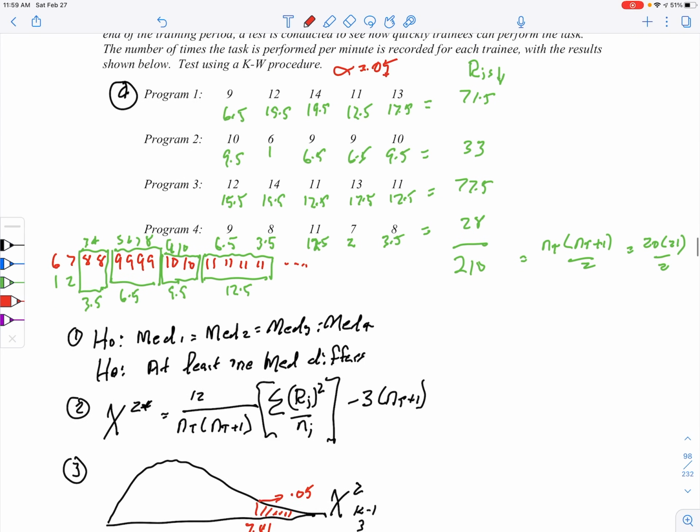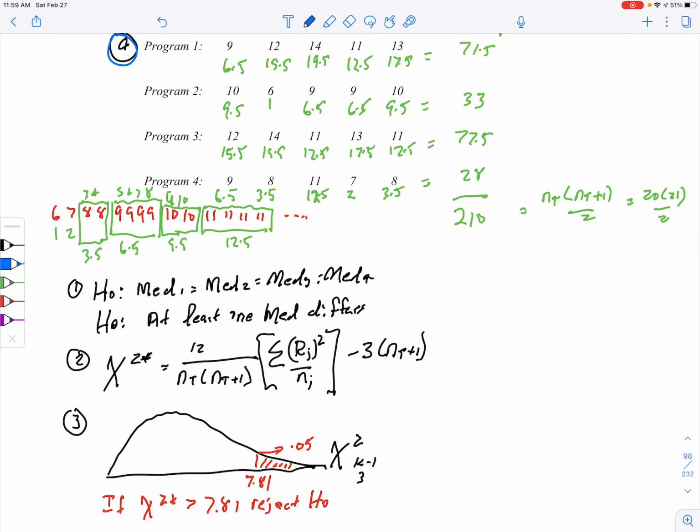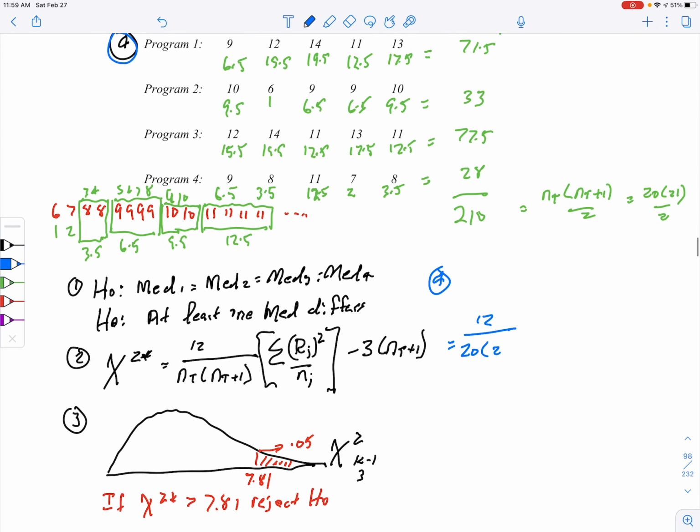All right, I've already started step 4 here, which is the calculation. So now we're going to continue with that, and we're going to plug this into the formula and say this will be 12 divided by NT. NT is you've got 20 numbers in total times NT plus 1.